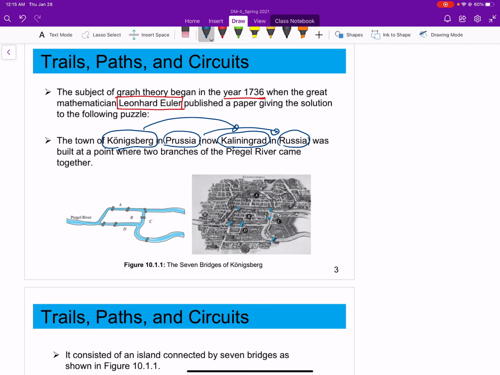The interesting thing about this city is there are 2 branches of the river Pregel that came together at this city. So there's a city and there's a river. This river is making a nice structure. Okay, so this is a map of the city.